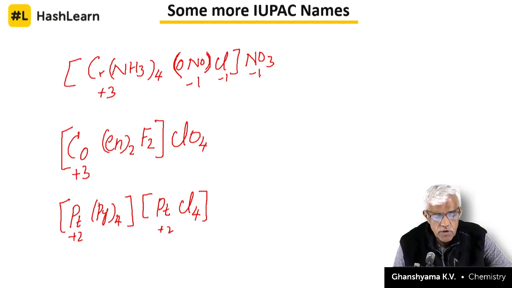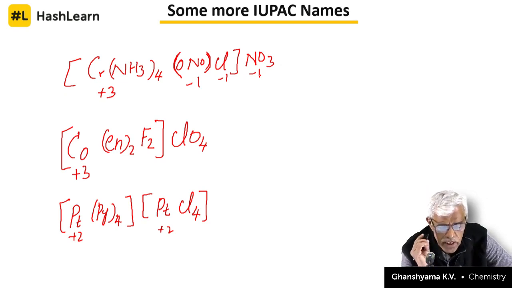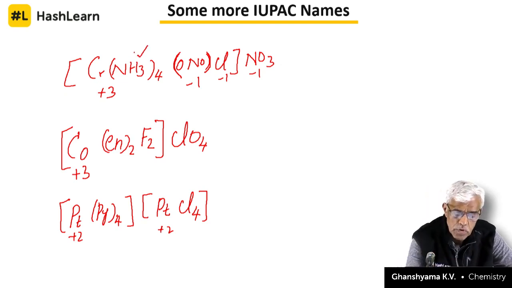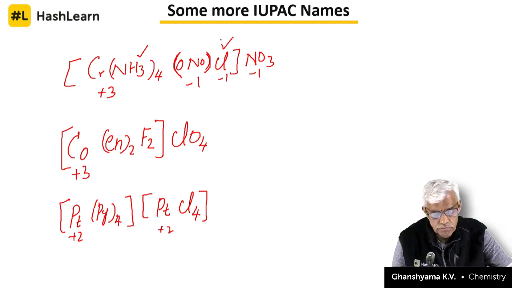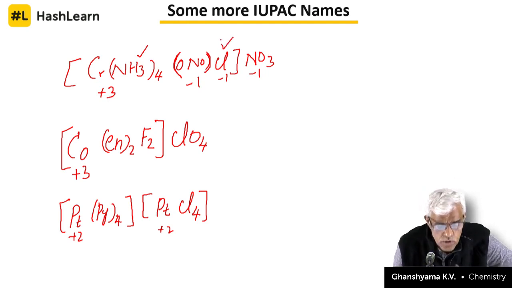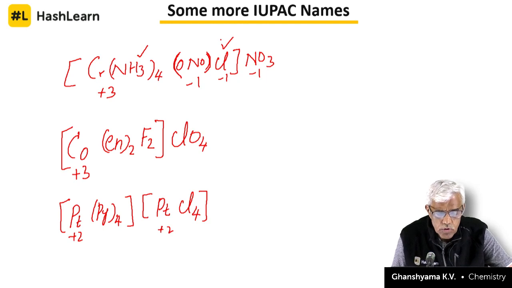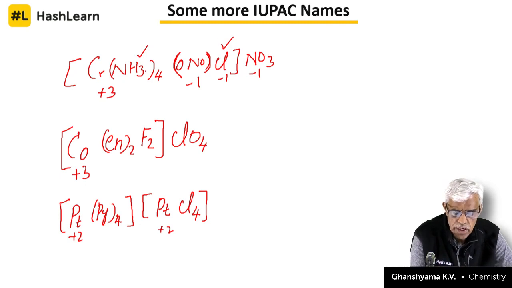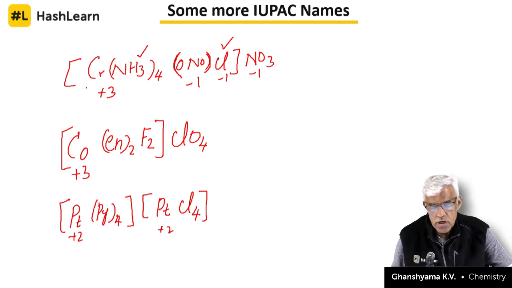Hence the name of the compound is tetraamine chlorido nitrito O chromium 3 nitrate. So I repeat, tetraamine chlorido nitrito O chromium 3 nitrate.